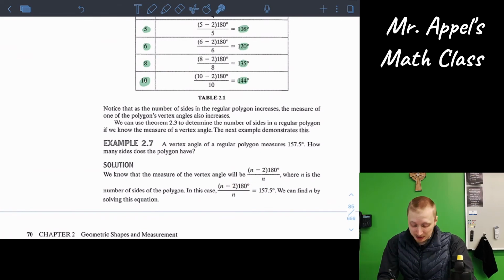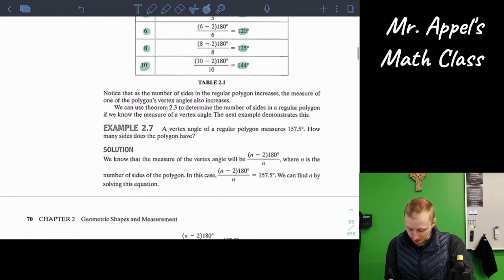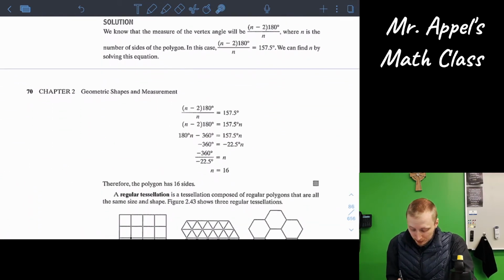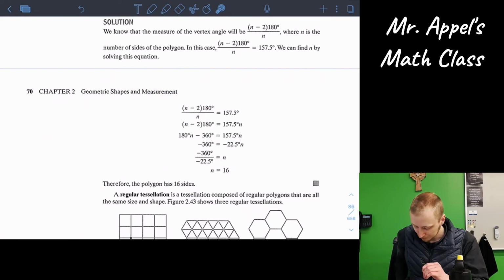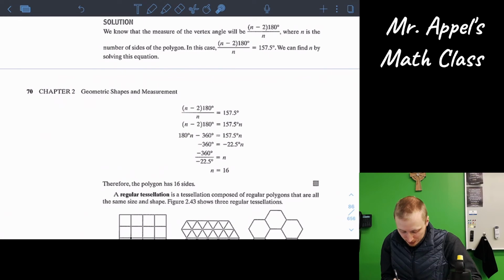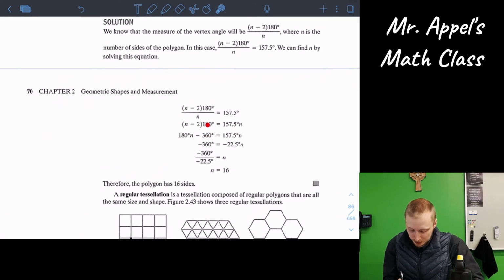It might not be as simple algebra as the other ones, but it's all very doable, right? First, multiply both sides by n, so we get it out of the denominator. Now go ahead and distribute that. So we get 180 times n minus 360, right? 2 times 180, equals 157.5n.